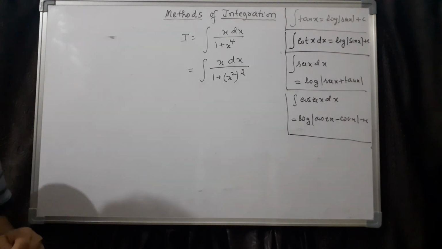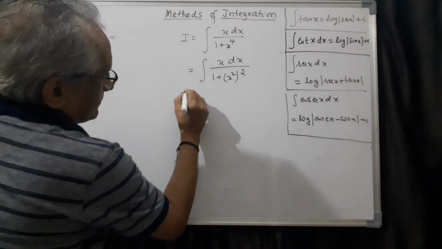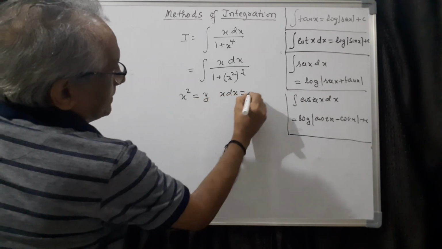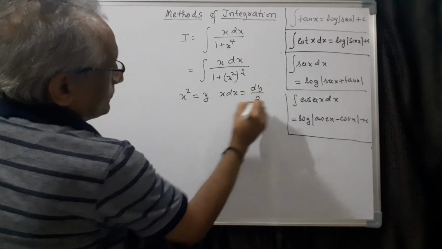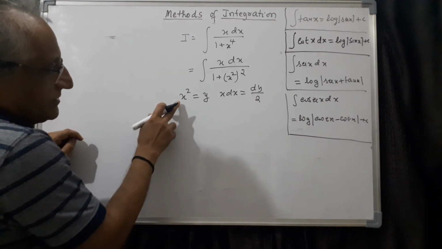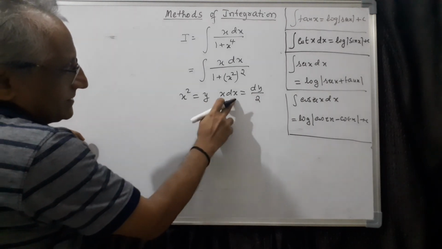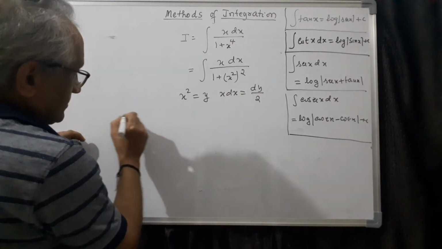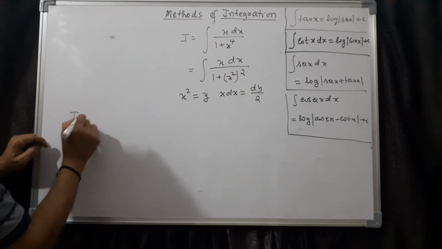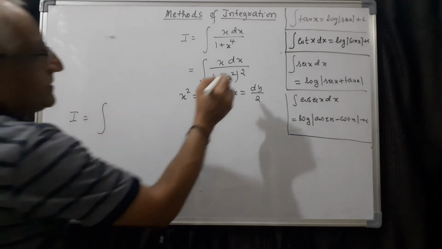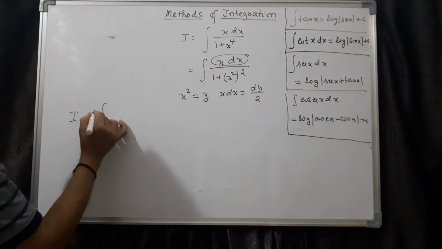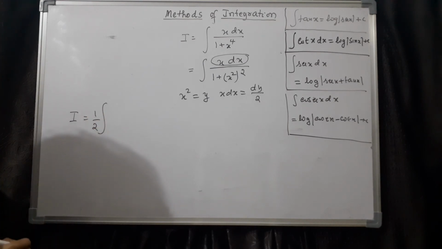See here, put x square equal to y. x dx will be dy divided by 2, because differentiation of x square is 2x. Actually 2x dx equals dy. I have taken the 2 here so that I can directly substitute. Now I becomes integration where x dx becomes dy by 2. So I can take 1 by 2 outside also, because it is constant.